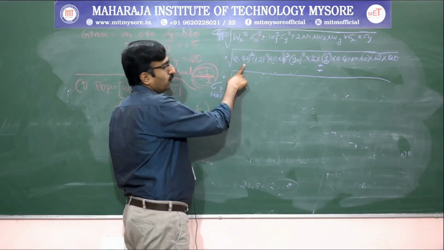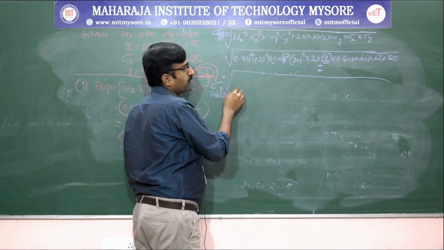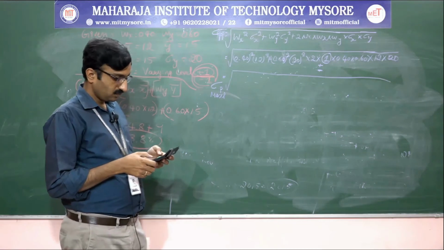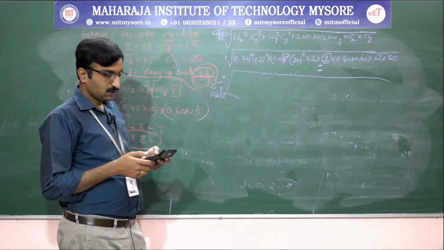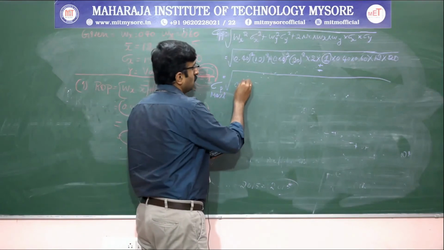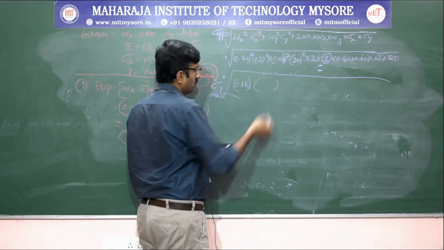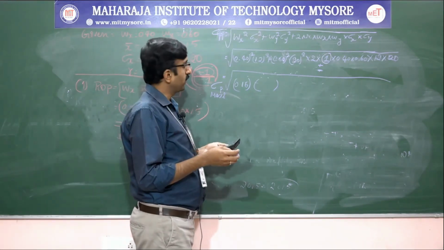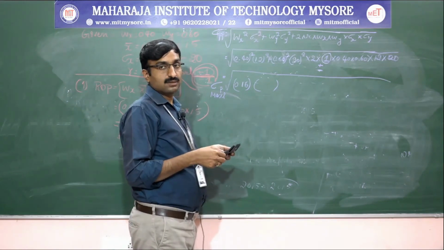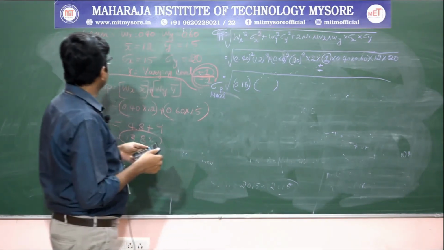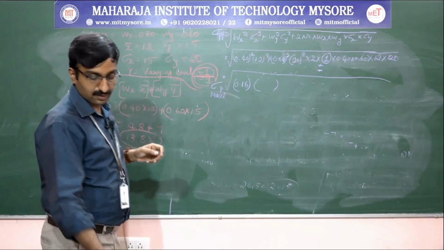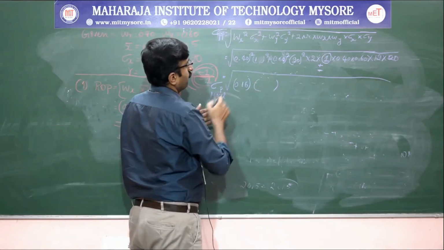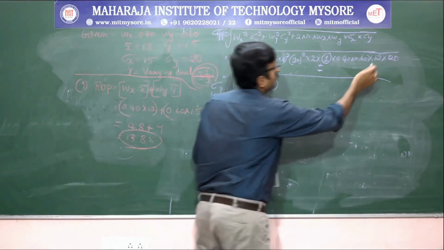Calculate 0.40 square value, I will get 0.16 into 12 square. Standard deviation x is 15, so you have written 12, it should be 15. Make it correct.